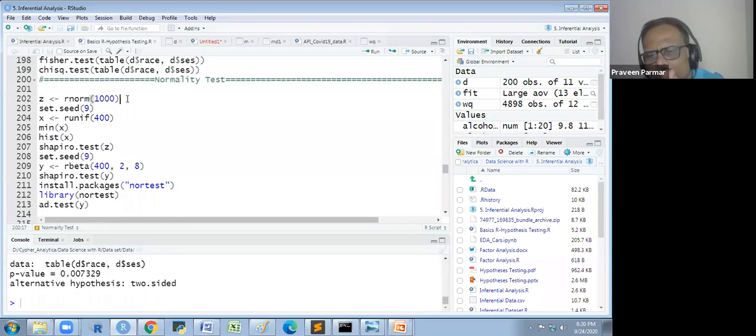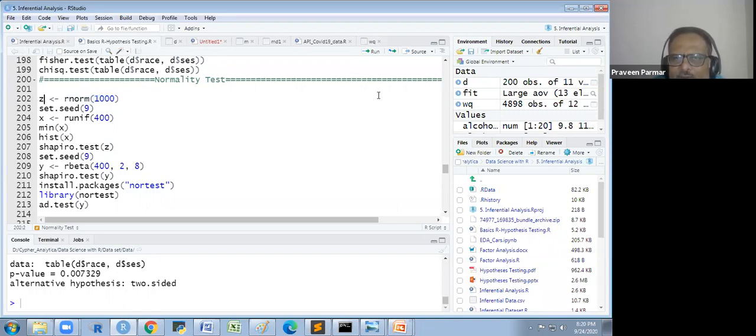Now, sometimes we have to check whether our data is normal or not. So I am making a random normal distribution of 1000 observations. Here the mean would be 0 and the standard deviation would be 1, because it is on the Z scale.